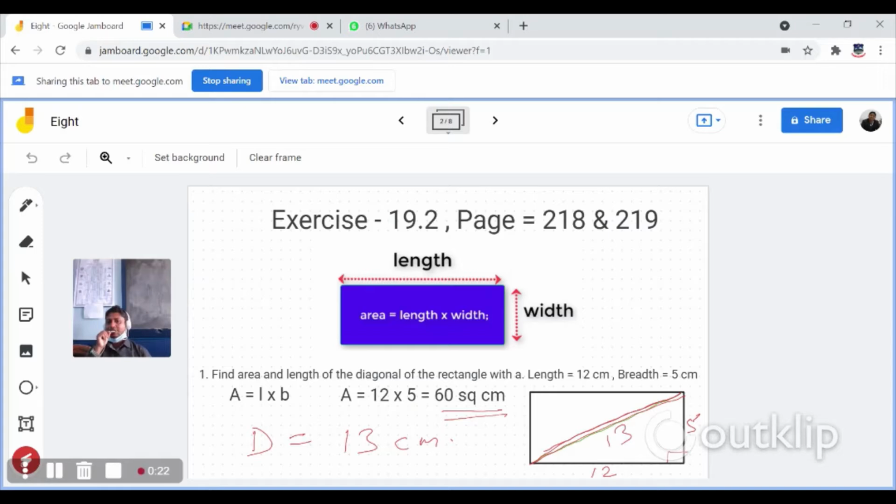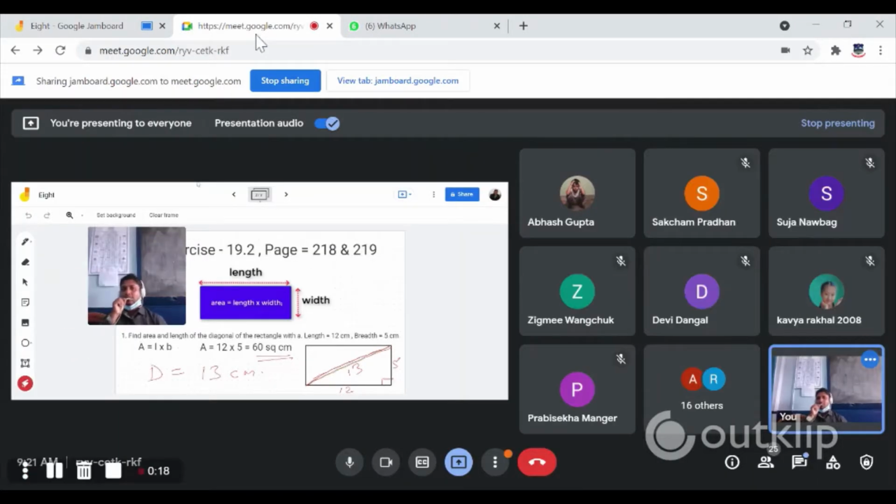Sorry, I'm not asking you the answer, I just asked you what is the length. Yeah, 12. And Abbas, what is my breadth? Okay, so now you tell me, Upeksha, I can see you online. When I multiply 12 into 5, what do I get?